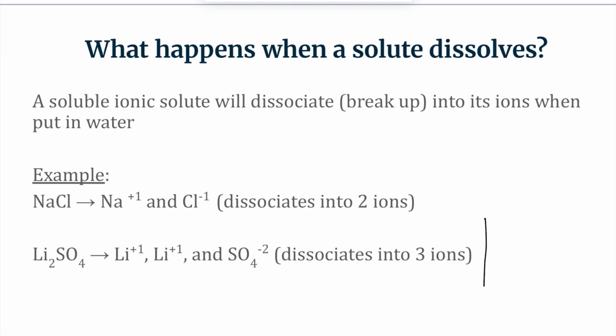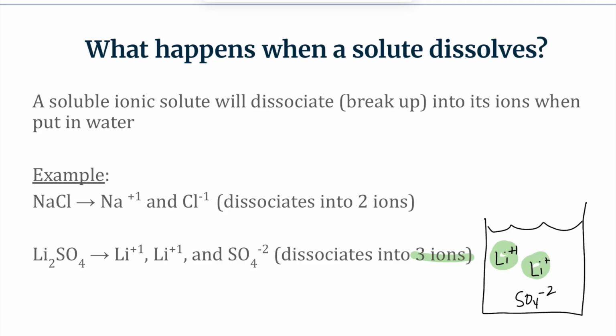We saw this as we were doing our models, those solubility models, to show there's my lithium, and then that sulfate. So that's how we can see those three ions dissociating or breaking apart from each other in water. And we're going to come back to that a little bit later.